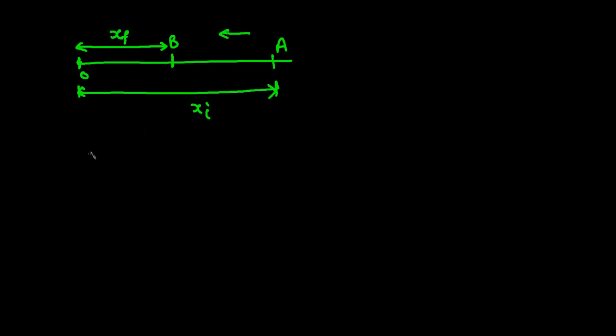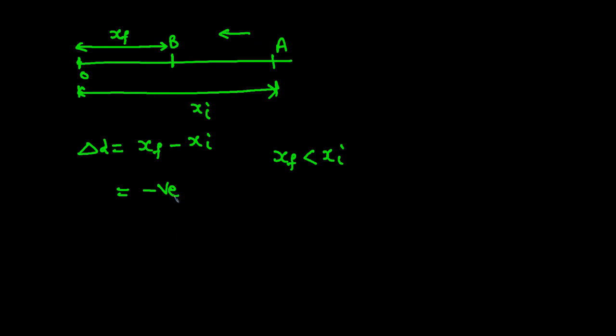All right. If I write displacement, it was xf, the final position, minus the initial position. But as you look on this number line, the final position xf is smaller than xi. So xi is bigger. If you subtract a bigger number from a smaller number, you get a negative value.